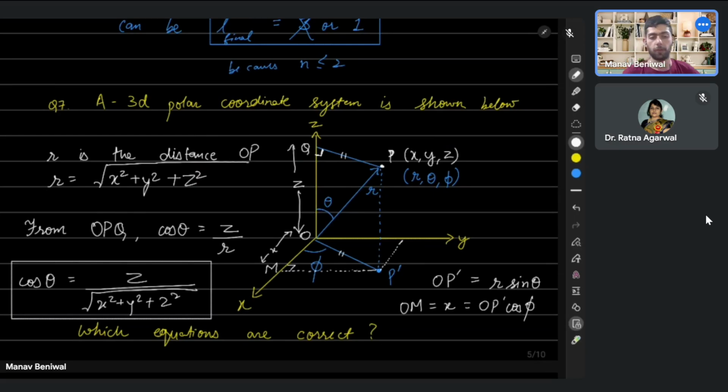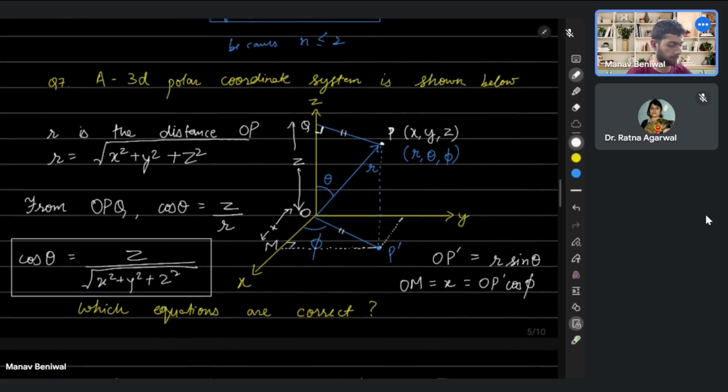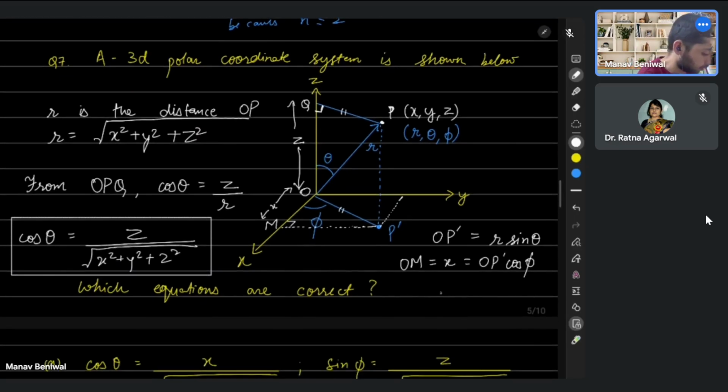So finally we can write cos phi as x upon OP prime, which is nothing but r sine theta. And we already know cos theta, so we essentially also know theta.